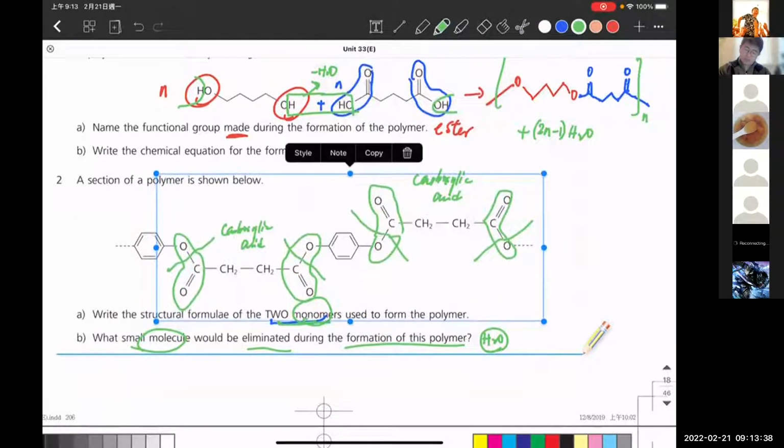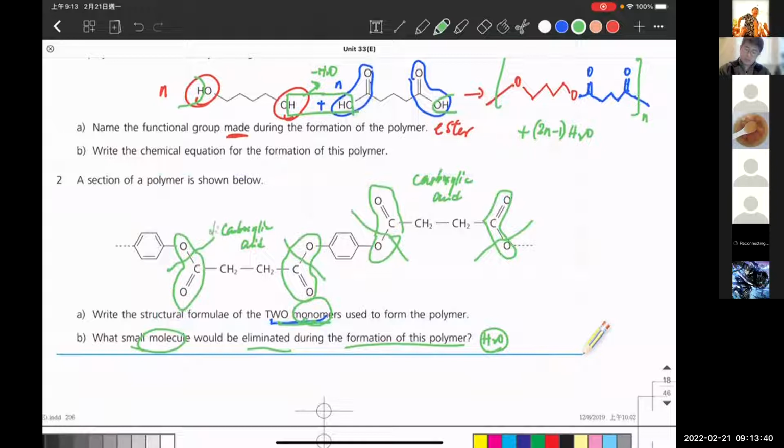I need to mark it one more point, dicarboxylic acid. How about this? This is a diol. So you may find this one is a diol. This one is a diol. Can you see that? So if you want to talk about diol, it is here. Can you find it? Diol.